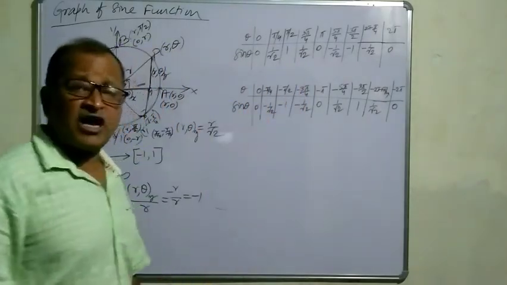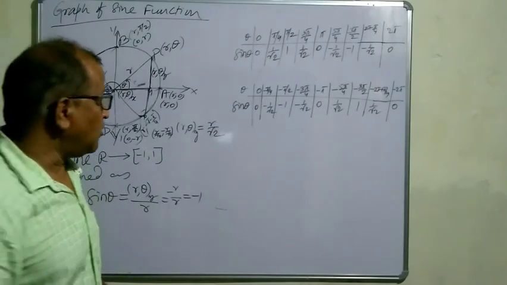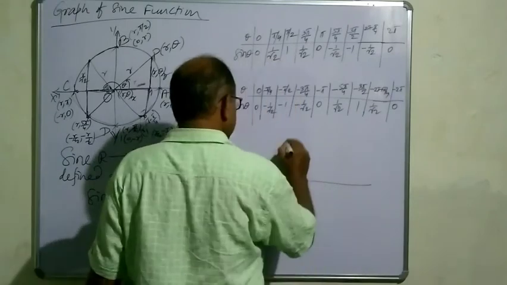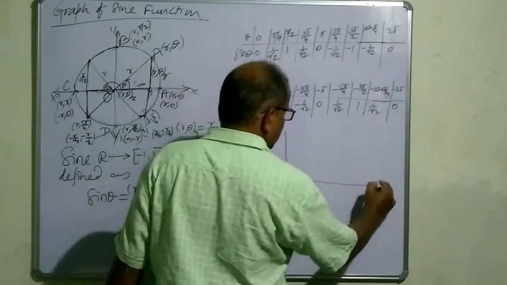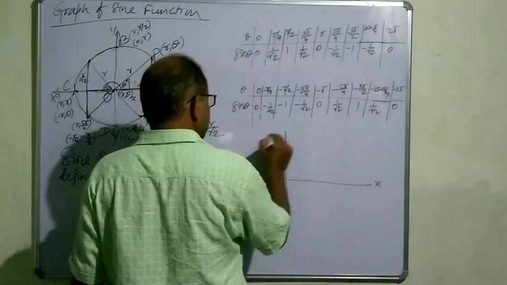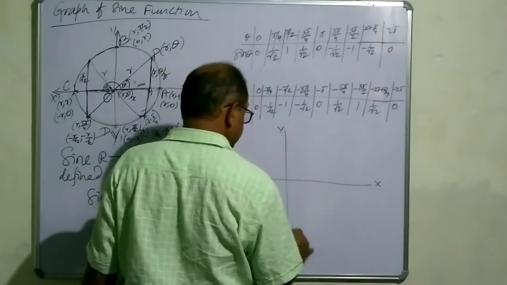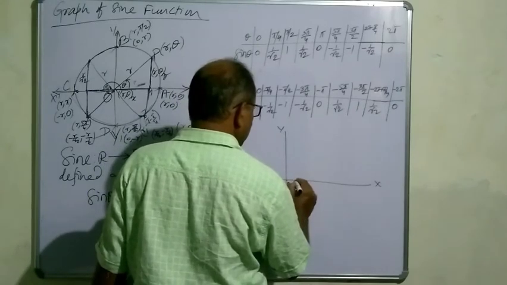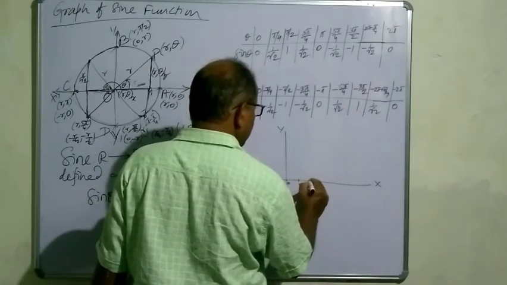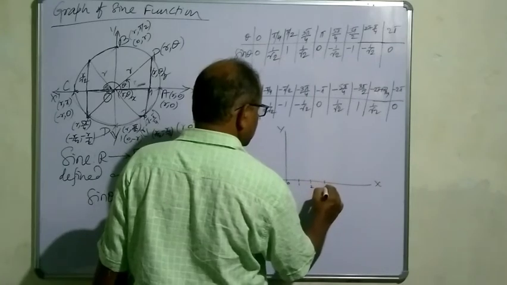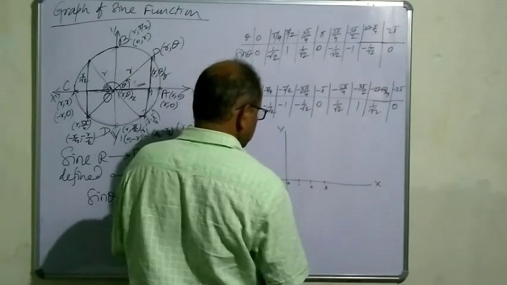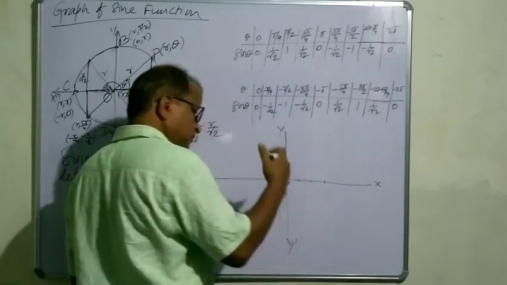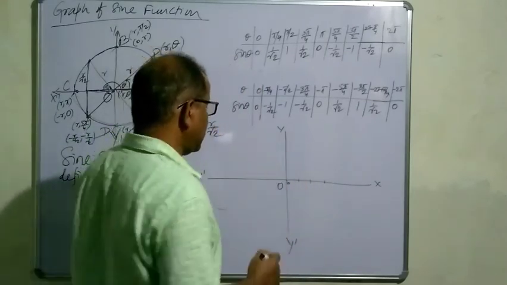Let us draw the graph of this function. How will you draw the graph? Yes, this is our coordinate system, x-axis, y-axis, and you see this is the origin 0 here, say 1, 2, 3. Here we have to vary theta. Theta means it is 0.